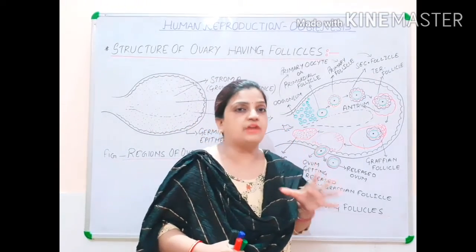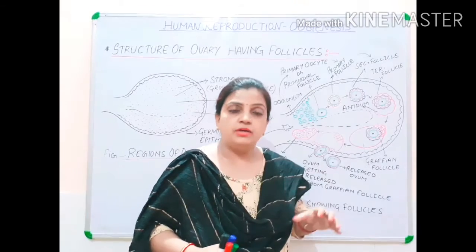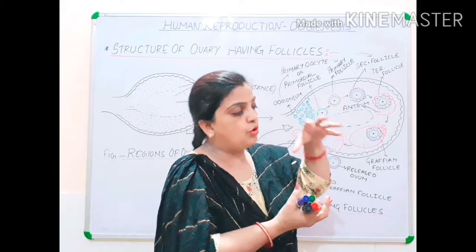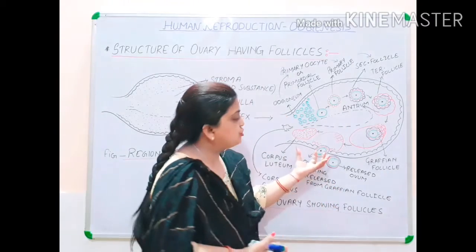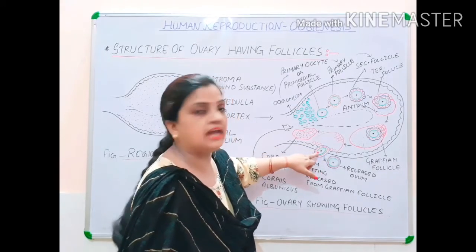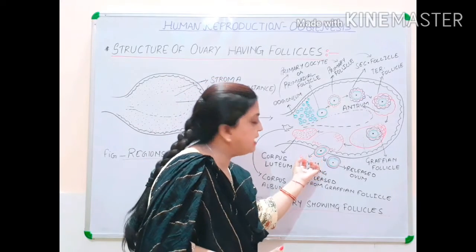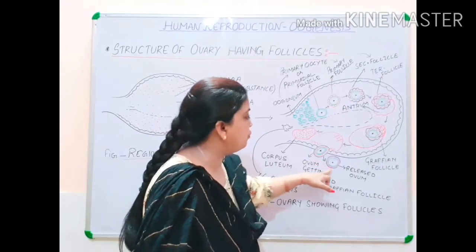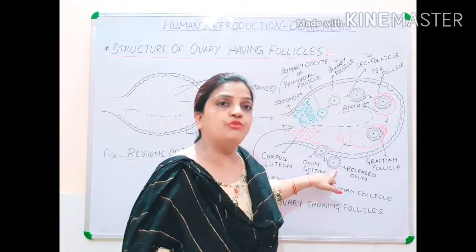If you remember the structure of the ovary along with the fallopian tube, the ovary was held up by the fimbriae, the finger-like structures. So as soon as your ovum gets released from the Graafian follicle, it is captured by the fimbriae and released into the fallopian tube, into the oviduct.